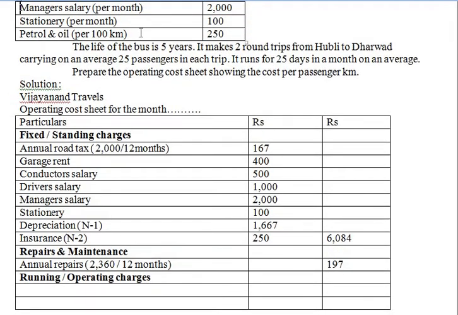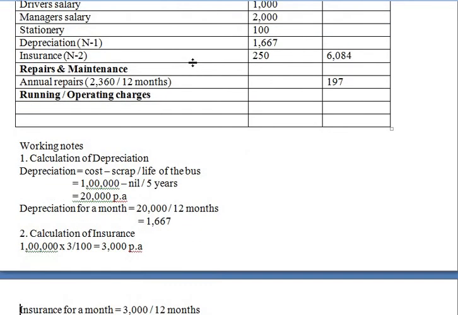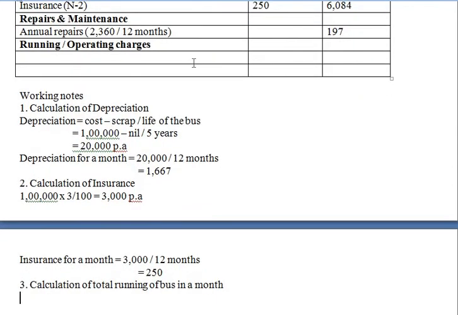Petrol and oil per 100 kilometers is 250. Now we need to see how many kilometers the bus has run. The next working note will be calculation of total running of bus in a month.